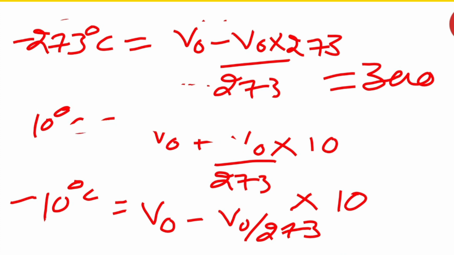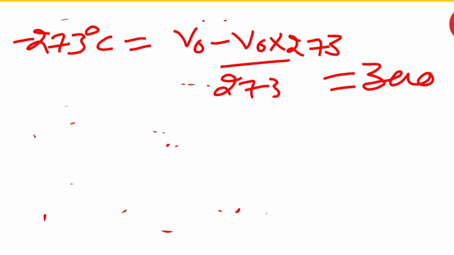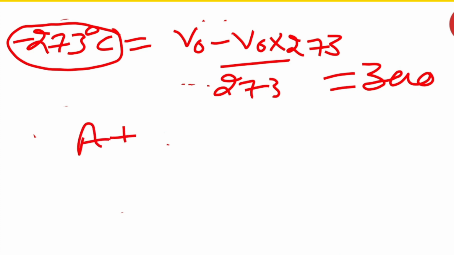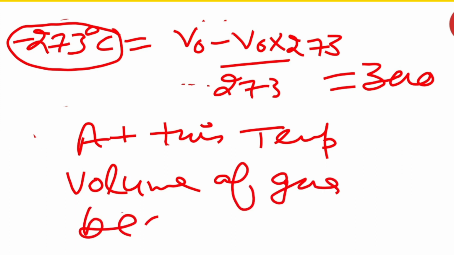So at minus 273 degree Celsius, that temperature cannot be attained in the laboratory, and at this temperature the volume of the gas becomes 0.